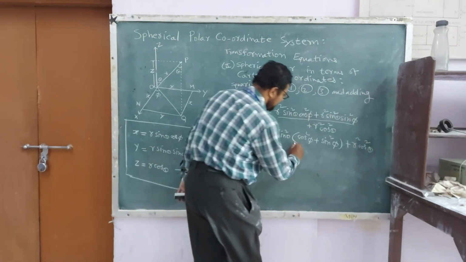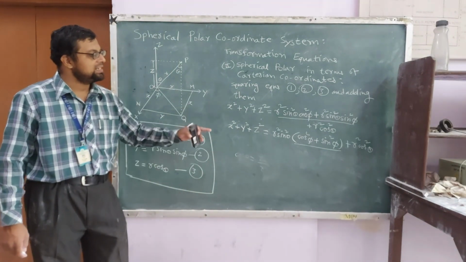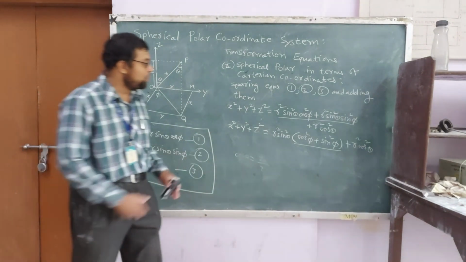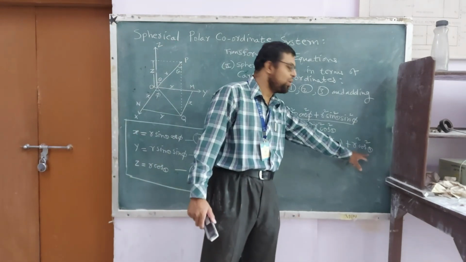Now cos square phi plus sin square phi, as you know, is equal to 1. So what will remain is r square sin square theta into 1 plus r square cos square theta.